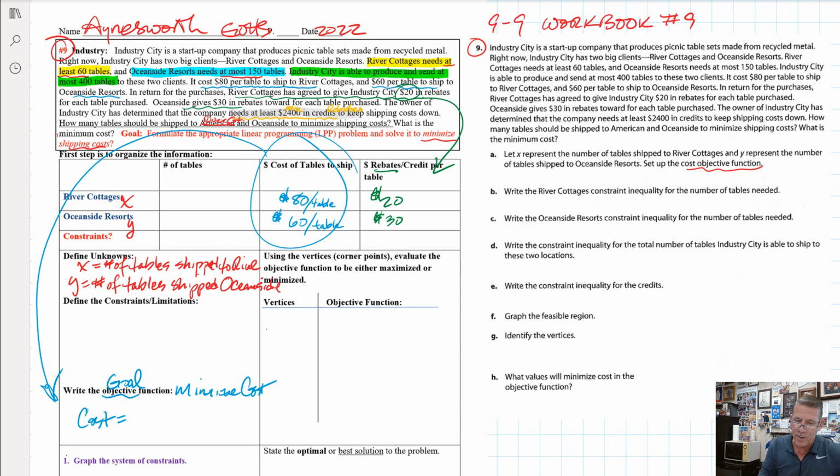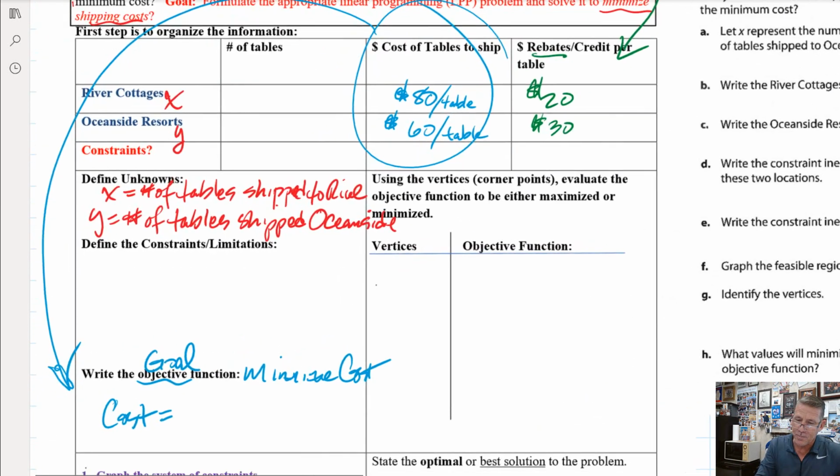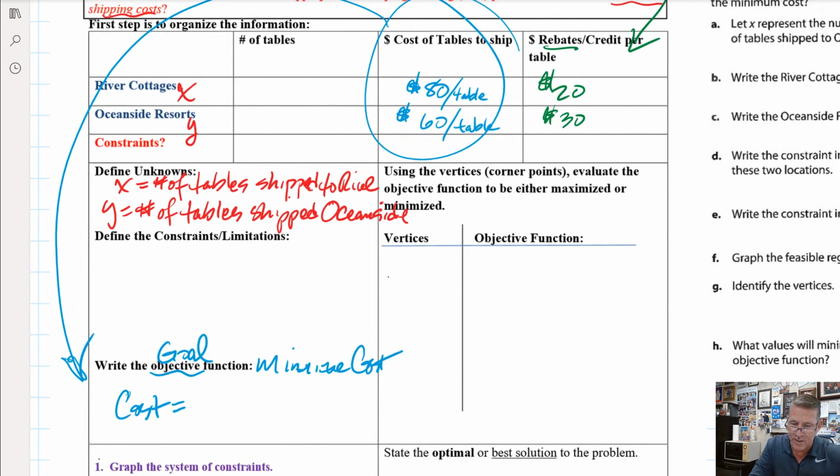To do that, we have to understand that for every table shipped to River Cottages, it costs $80. For every table shipped to Oceanside, it costs $60. And you're going to take the cost per table and multiply by how many you're dealing with. We're dealing with x tables for River and y tables for Oceanside.